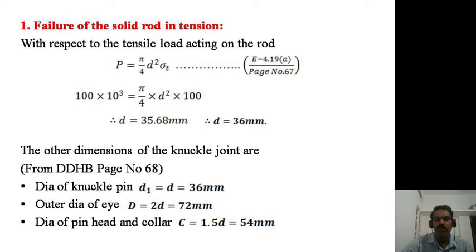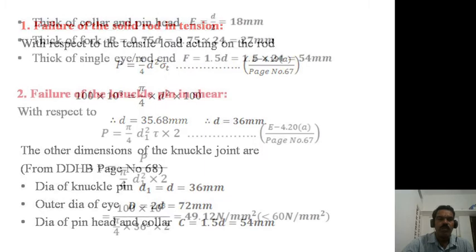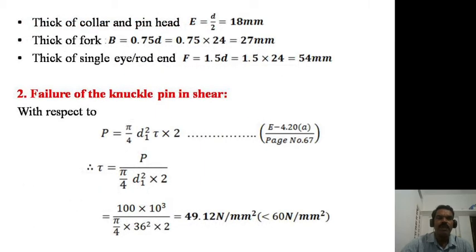Therefore 1.5 into 36, by multiplying these two you will get 54 mm. Next, thickness of the collar pin head, that is capital E. What is the empirical formula here? E is equal to small d divided by 2. Small d is the already calculated value, 36 divided by 2, you will get 18 mm.